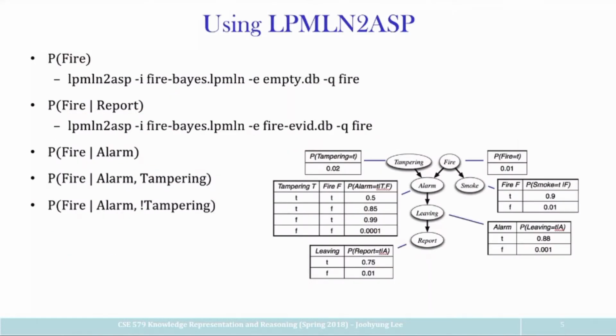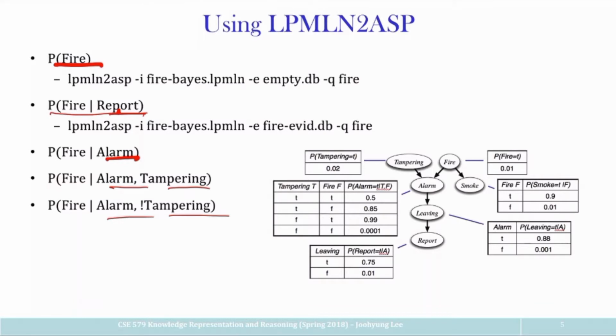Basically we have seen this kind of thing. What if we don't know the probability of fire? If we know, then we give the condition and ask for fire being true. Depending on what you put into the condition, when you put the query, you get different inference.